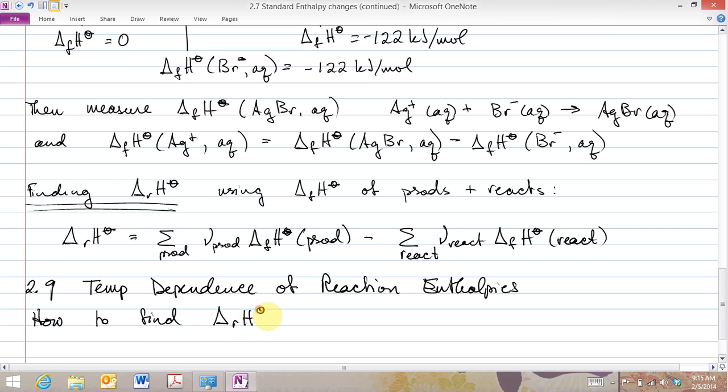You can have a standard enthalpy at a different temperature, as long as the pressure remains at 1 bar. So the standard enthalpy again is at a specified temperature. That specified temperature doesn't have to be 298 Kelvin. It could be at any temperature.